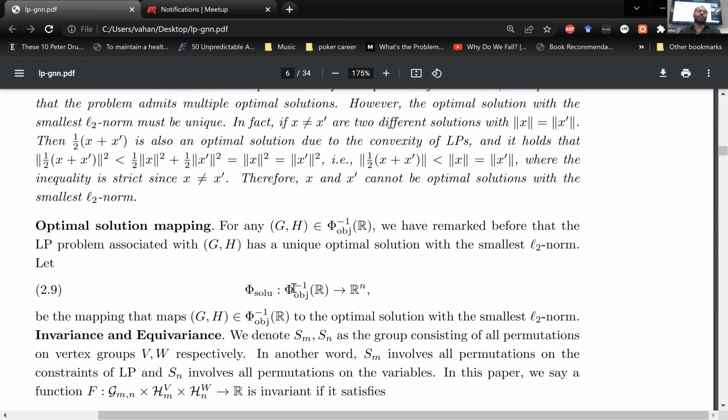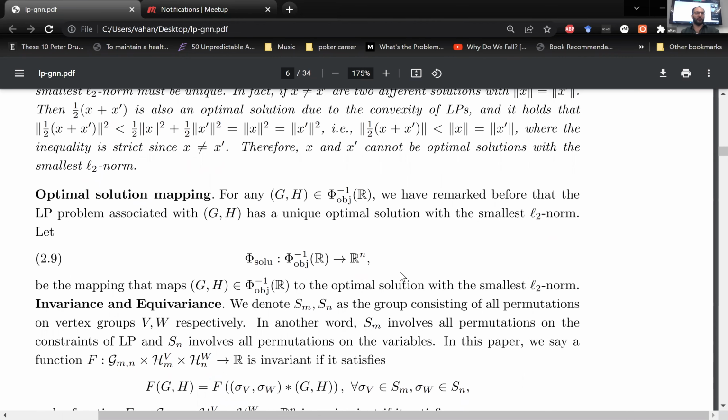This is actually something I wanted to mention, Peter, about your question on how arbitrary the graph for the LP is. They do look at the inverse of the function that finds the objective. So you give a solution, and then can you come back to the graph?